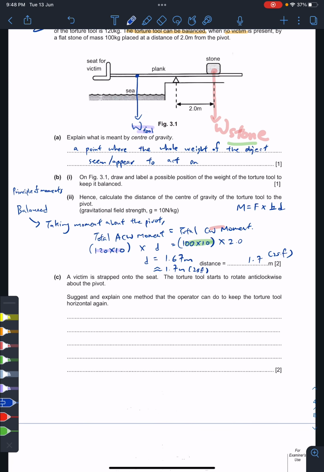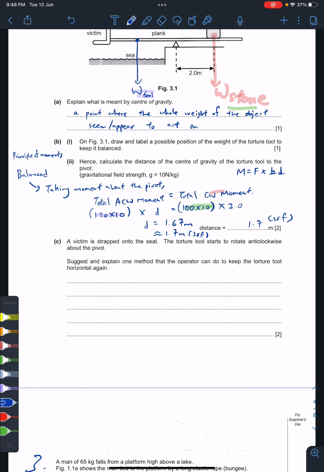Next, now the victim is present. The tool starts to rotate anti-clockwise. What can you do to keep the tool horizontal? Well, you can do two things basically.